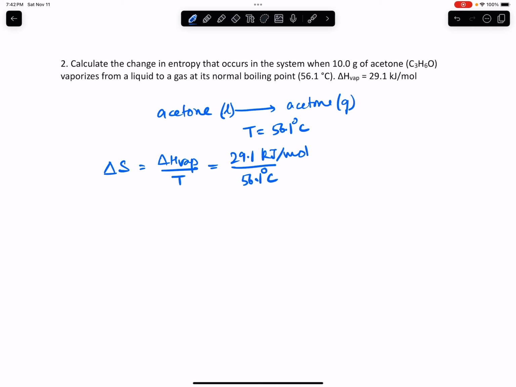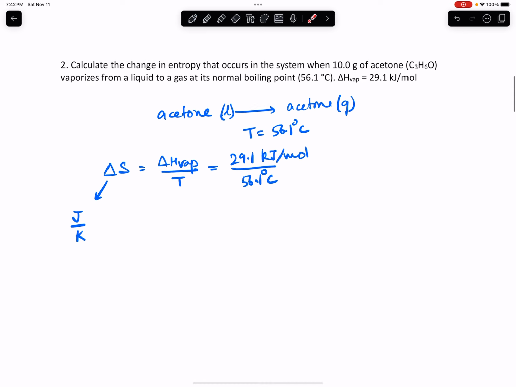Why? Because the units of delta S are actually joules per Kelvin, which means we have to convert the kilojoules into joules. To do that, we take 29.1 kilojoules and multiply it by 10 to the power 3 joules over kilojoules.